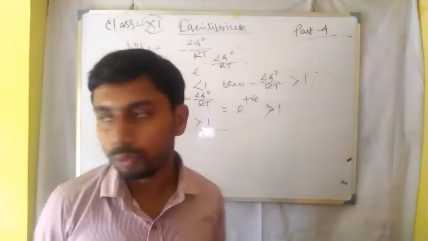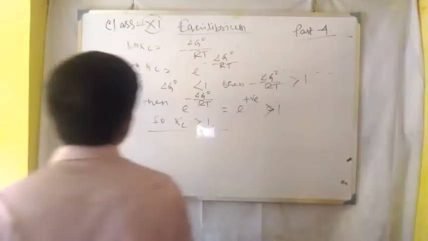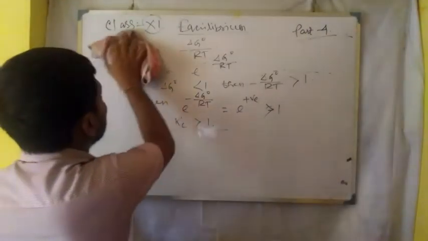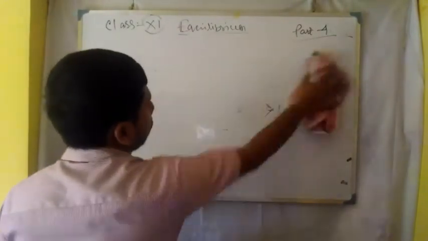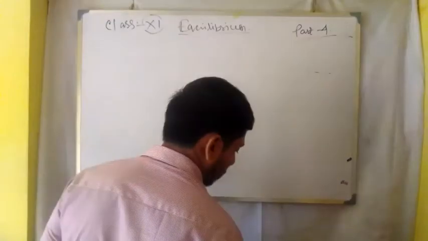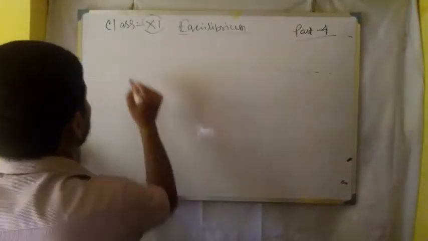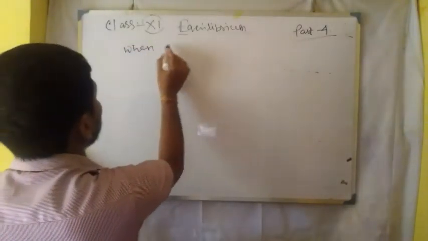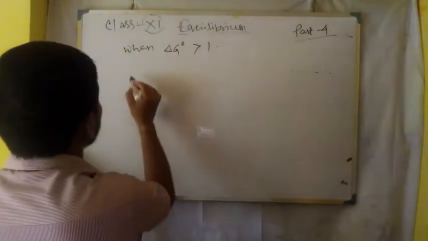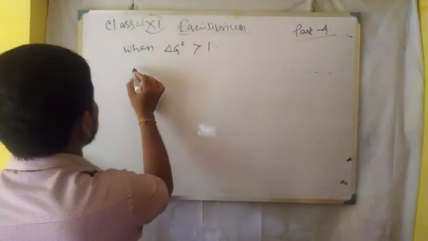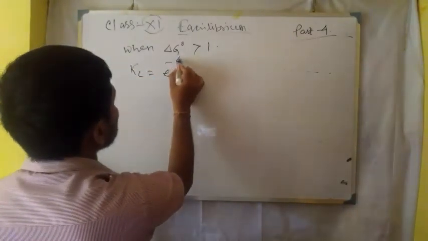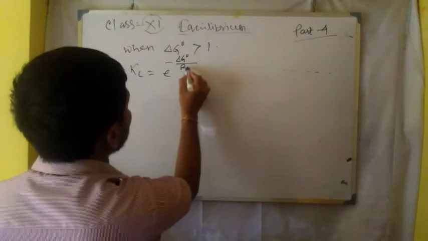Another point is when del G0 is greater than 1. Now we know the expression Kc equal to e to the power minus del G0 by RT.